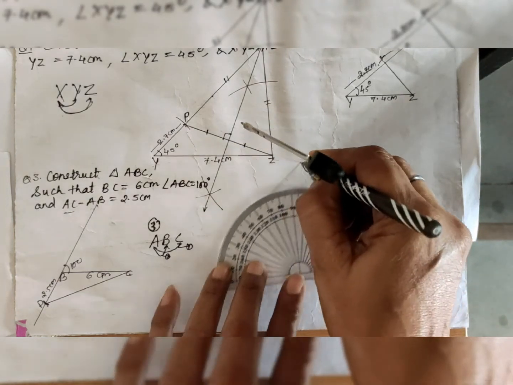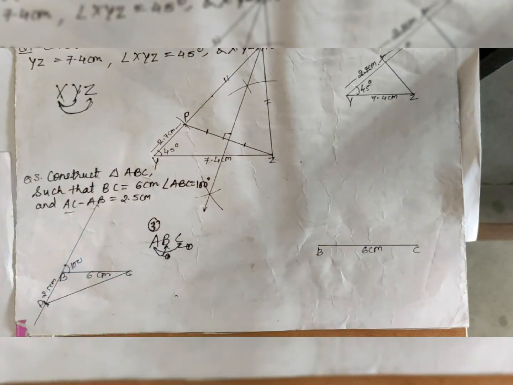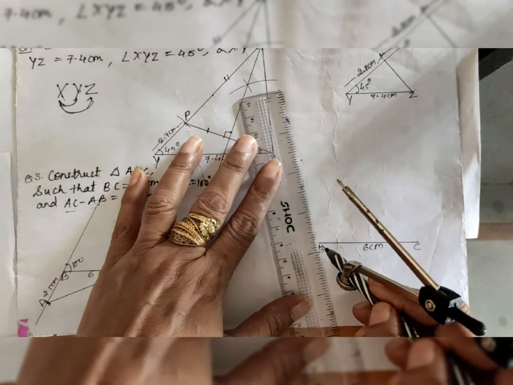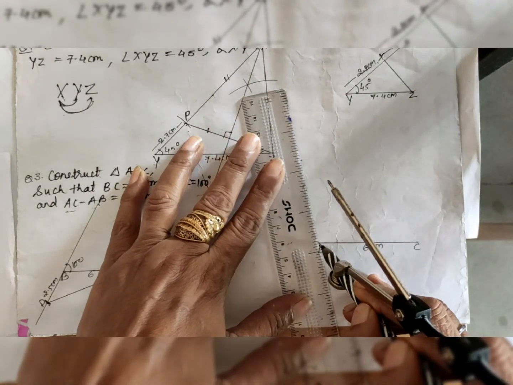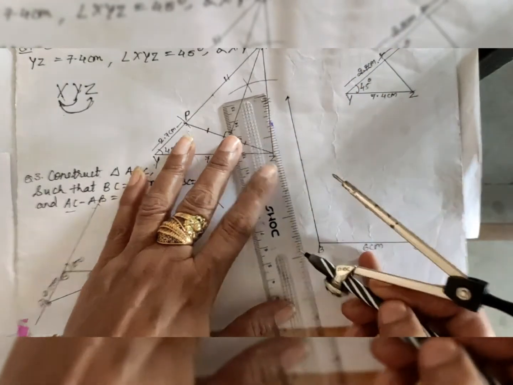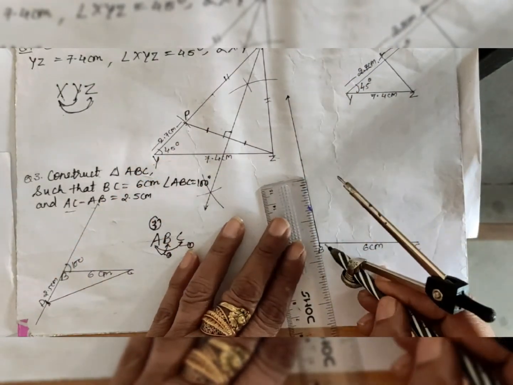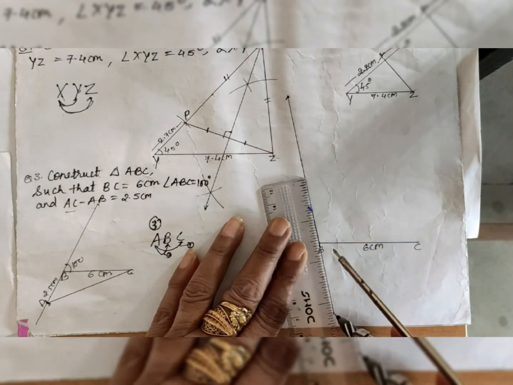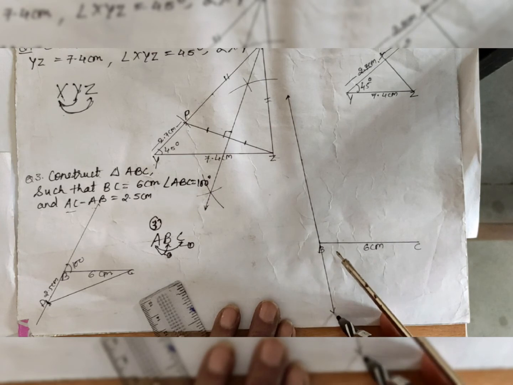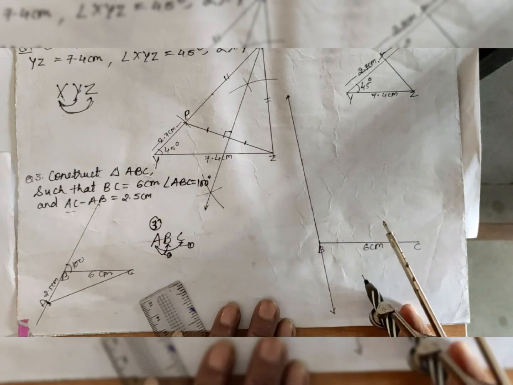Now you have to draw a ray passing through this point and extend it. Okay, let's extend it downward. Let me explain why we are extending it downward of this segment BC.